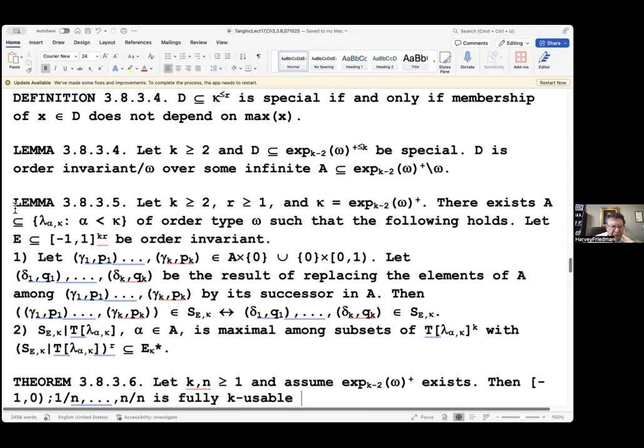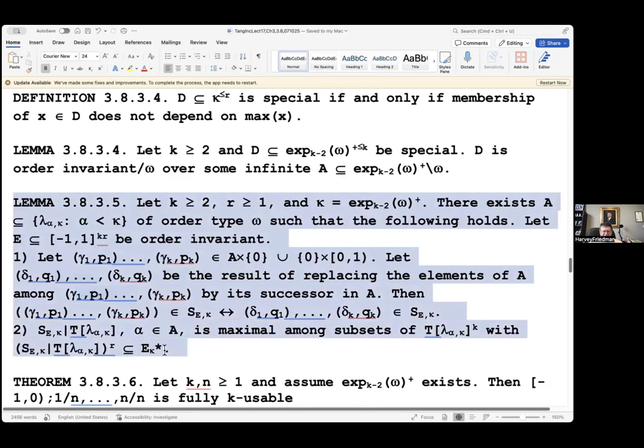Actually, this thing here involves the greedy construction. So this is some combinatorial set theory just applied directly to something that looks like what we did in the previous section.